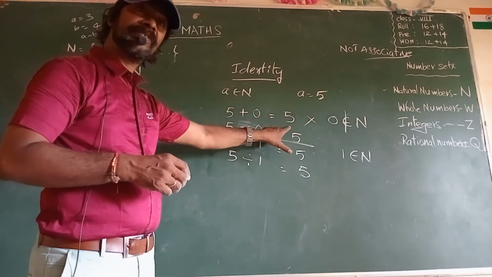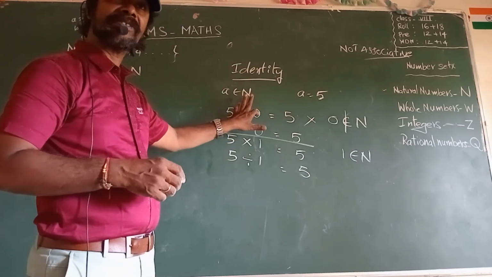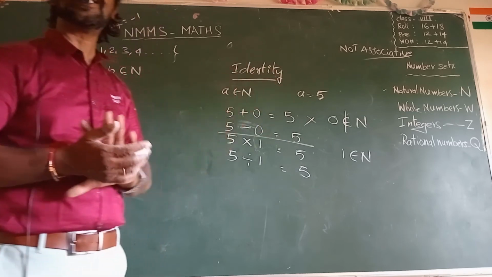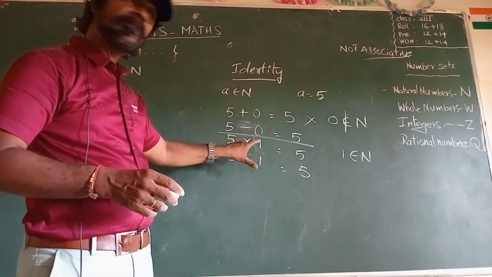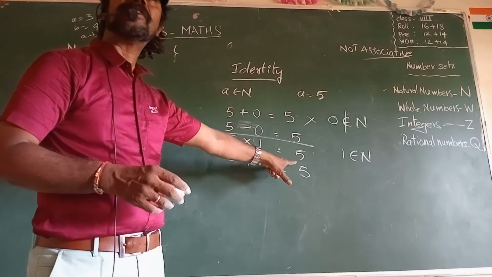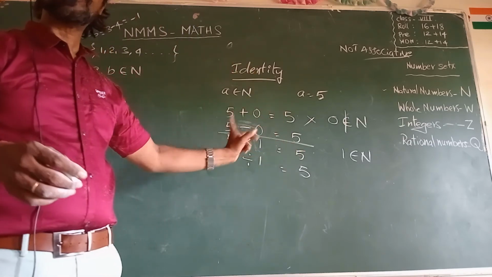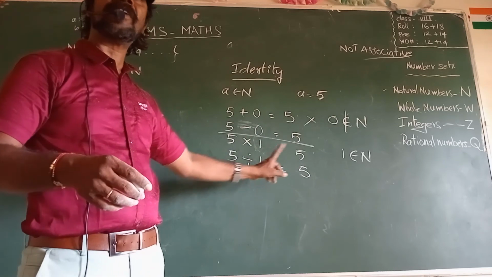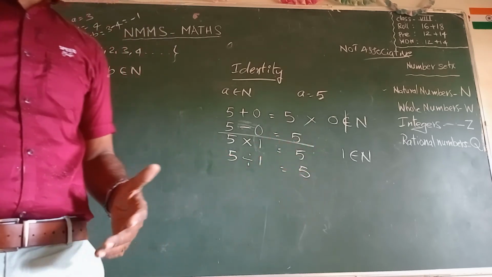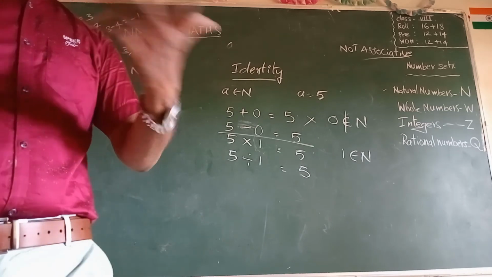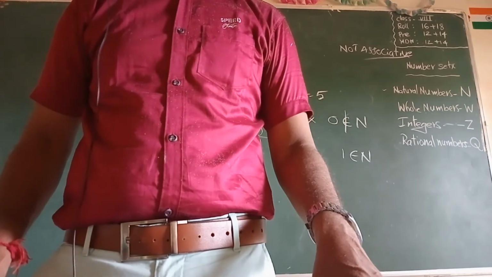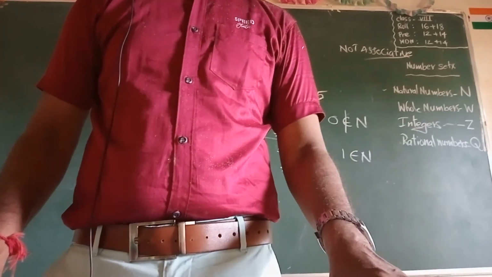I want to get the answer 5, so 0 is the correct one, but 0 does not belong to natural numbers. I am taking 5, I have to get 5, so I have to multiply with 1. 5 into 1 is 5, 5 divided by 1 is 5, so that's why 1 belongs to natural numbers. So additive identity is how much?